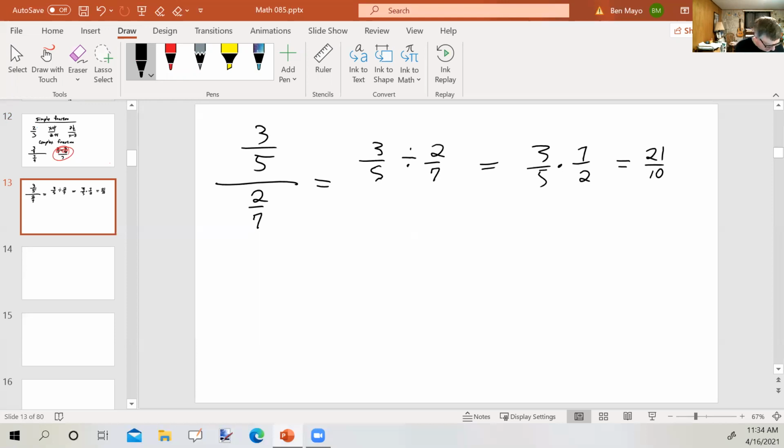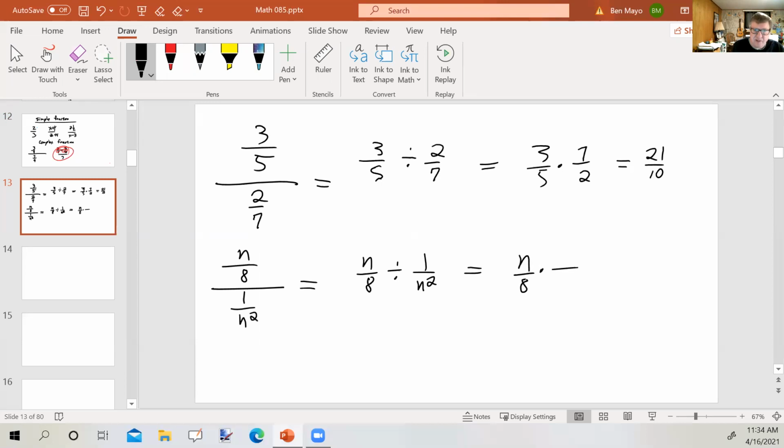Let's take a look at another example. Let's say we've got n divided by 8 all over 1 divided by n squared. We have a single fraction divided by a single fraction. We can rewrite it as n divided by 8, the whole thing divided by 1 over n squared, which is equal to n divided by 8 times the reciprocal of 1 over n squared, which is n squared over 1.